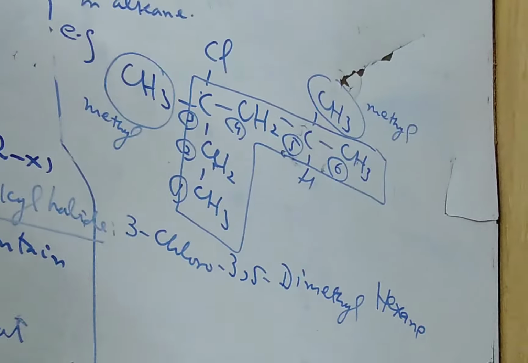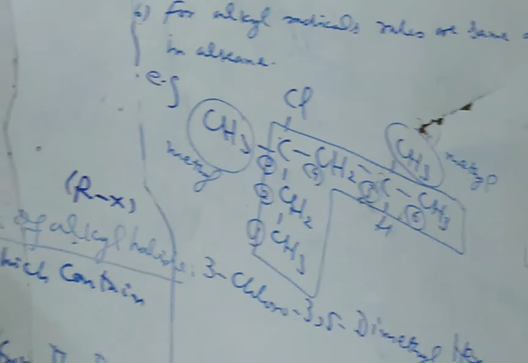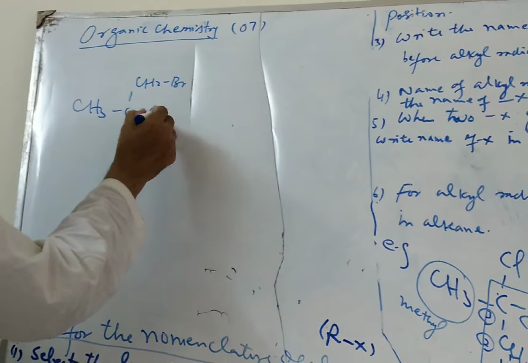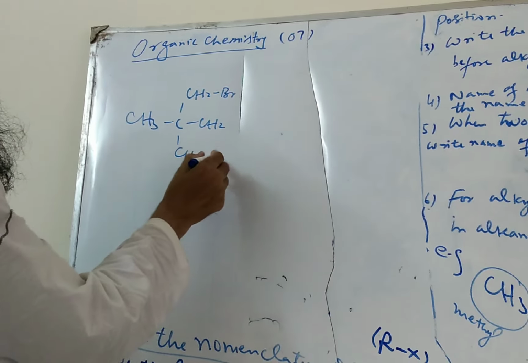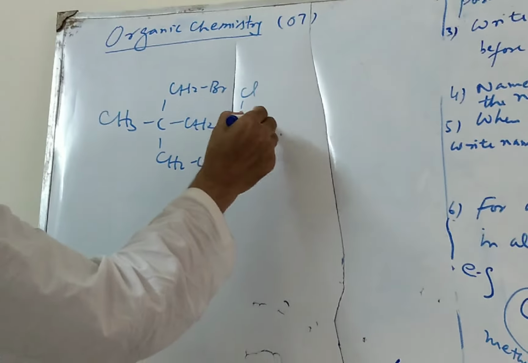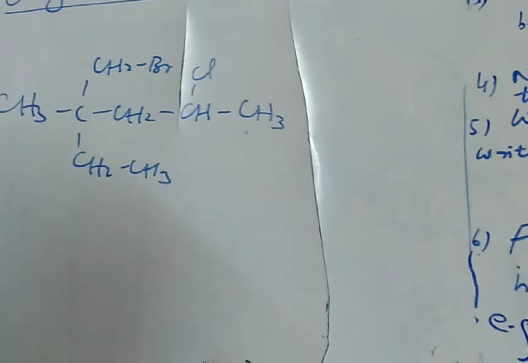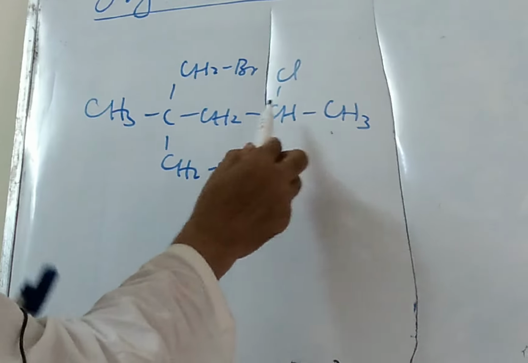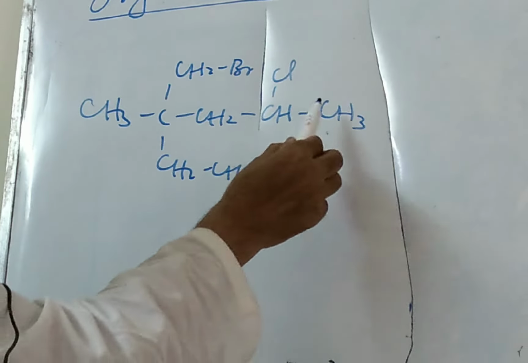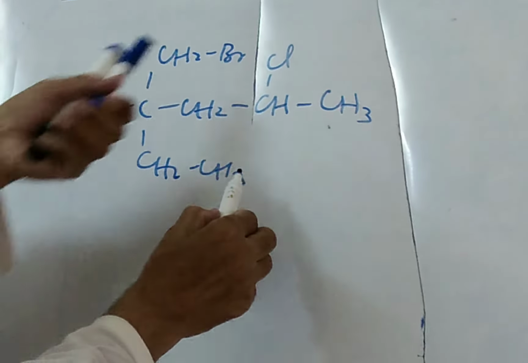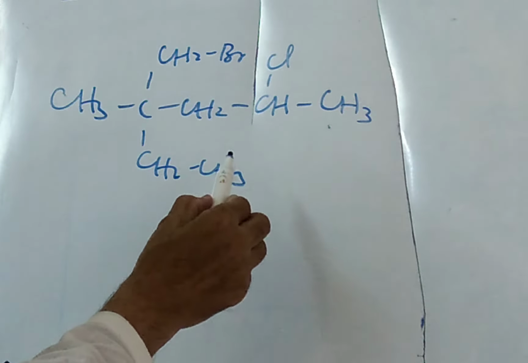Similarly, now the longest chain, for example, 1, 2, 3, 4, 5, 6, 1, 2, 3, 4, 5. If we consider this chain, the Br will go out from the parent chain, which is wrong.